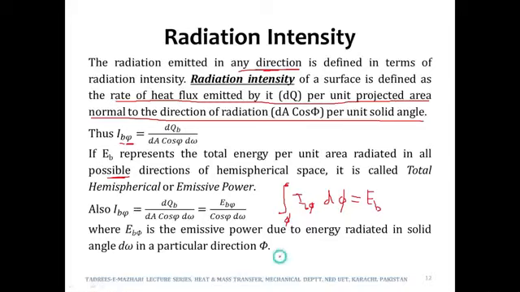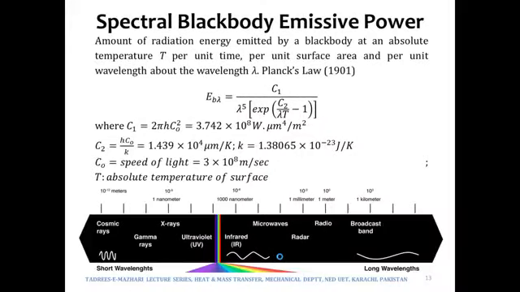Now, the second type is spectral emissive power. So what is spectral emissive power? First of all, try to understand the physical meaning of spectral emissive power. See, we have two things: radiation intensity, number one, and spectral emissive power, number two.